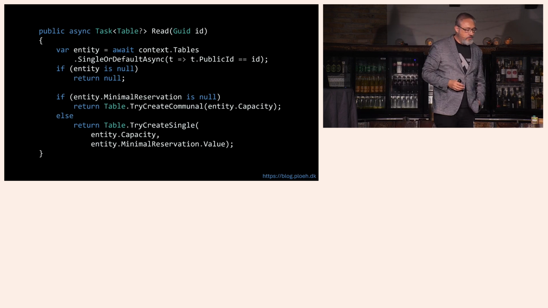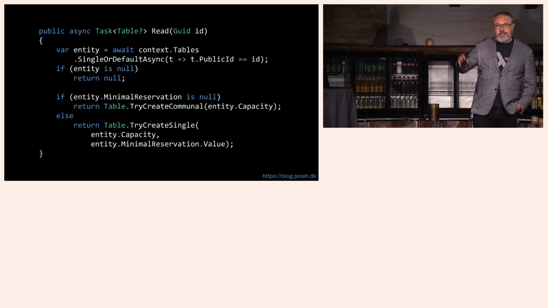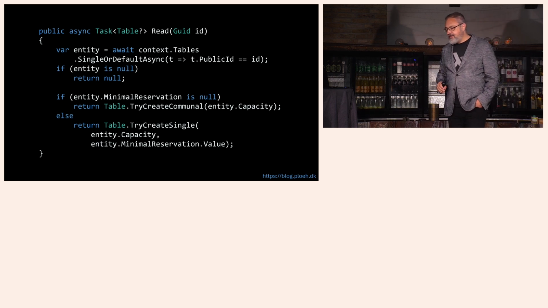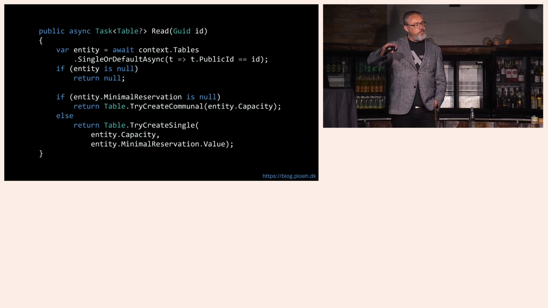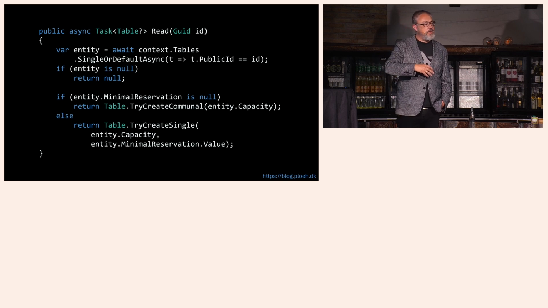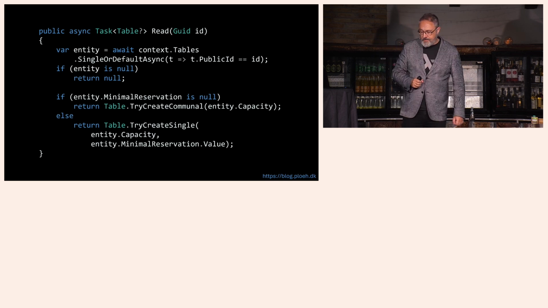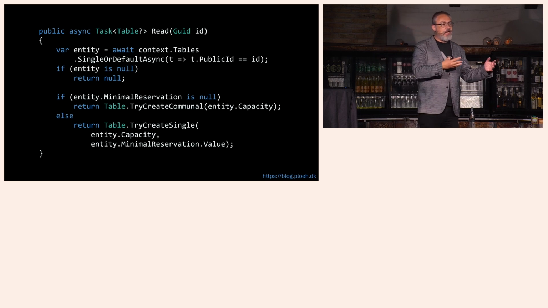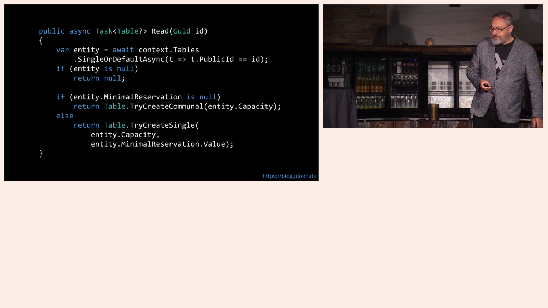We know that that's a case. And then after the blank line in the middle of the screen there, we have some mapping code where we basically try to infer, is this a communal table or is this a single table? And then we transform, we map the values from the database into one of those things.